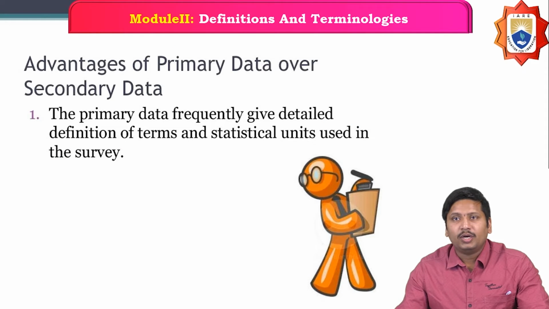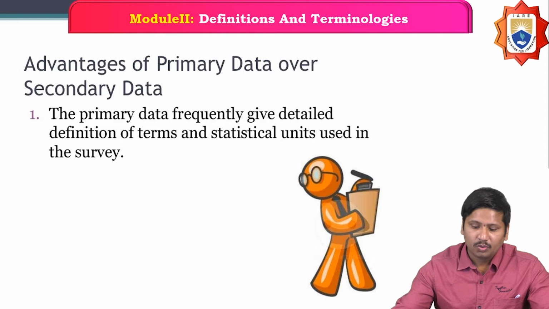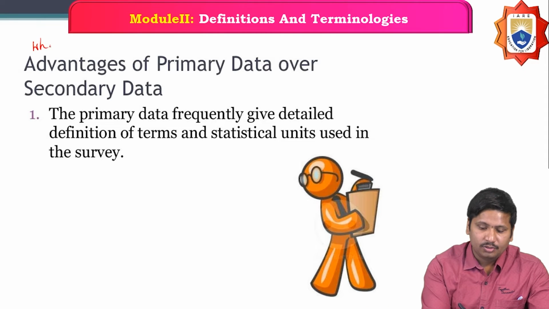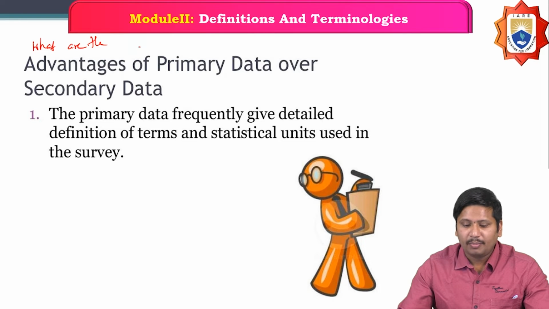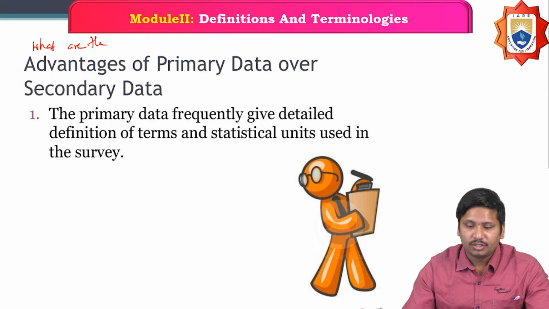Next, what are the advantages of primary data over the secondary data? The primary data frequently give a detailed definition of terms and statistical units used in the survey. This is the first advantage.